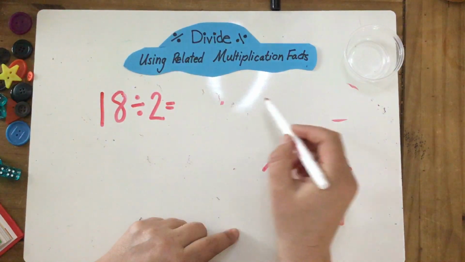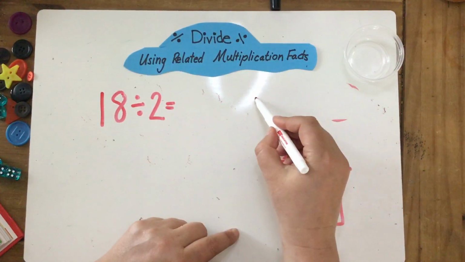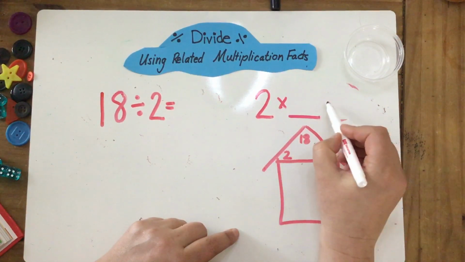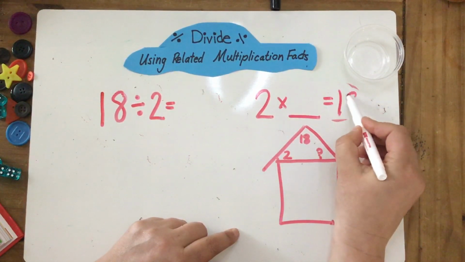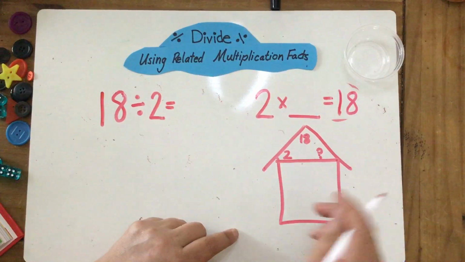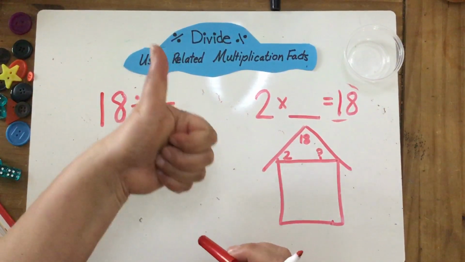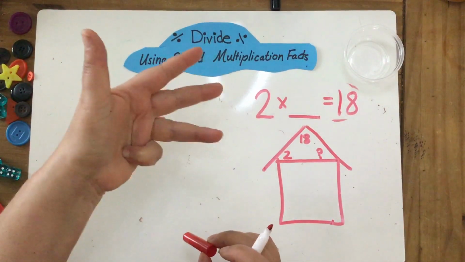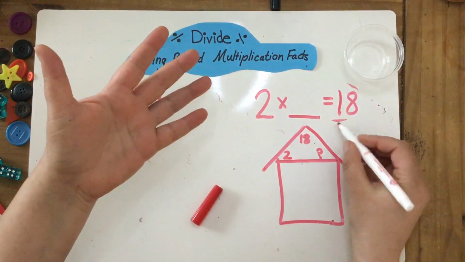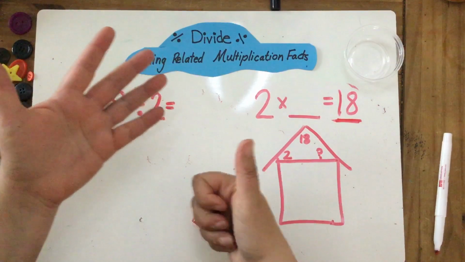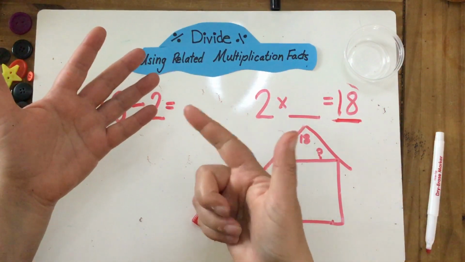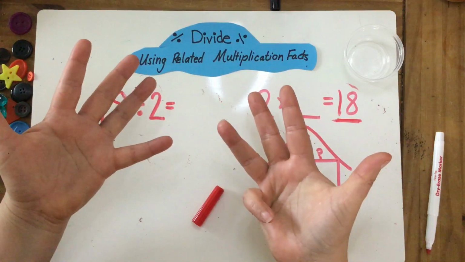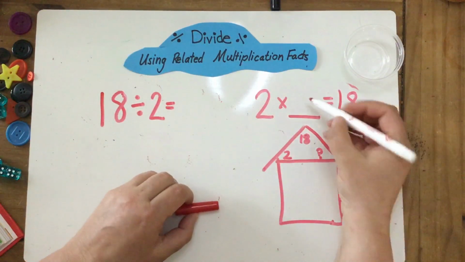So just like multiplication, 2 groups of what would give us 18? We can skip count. And we stop when we hear 18. Nice. So how many? You're correct. 9.